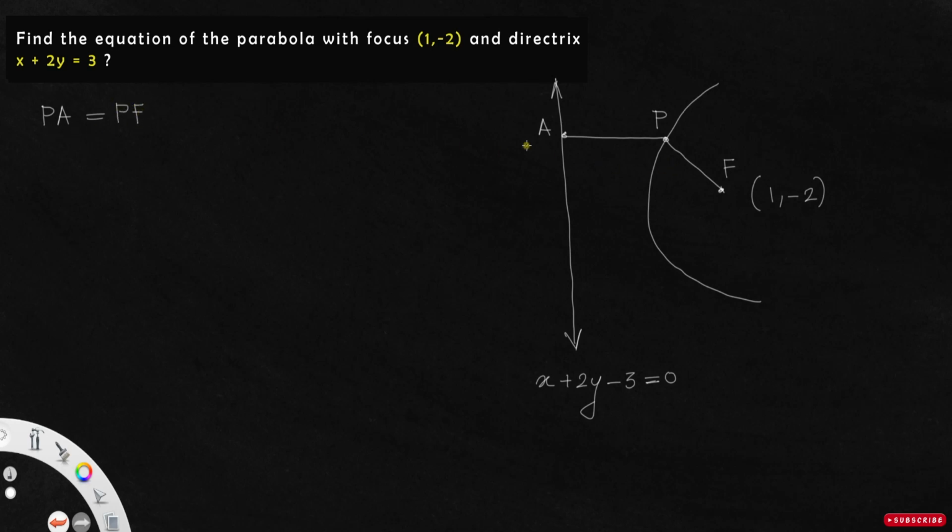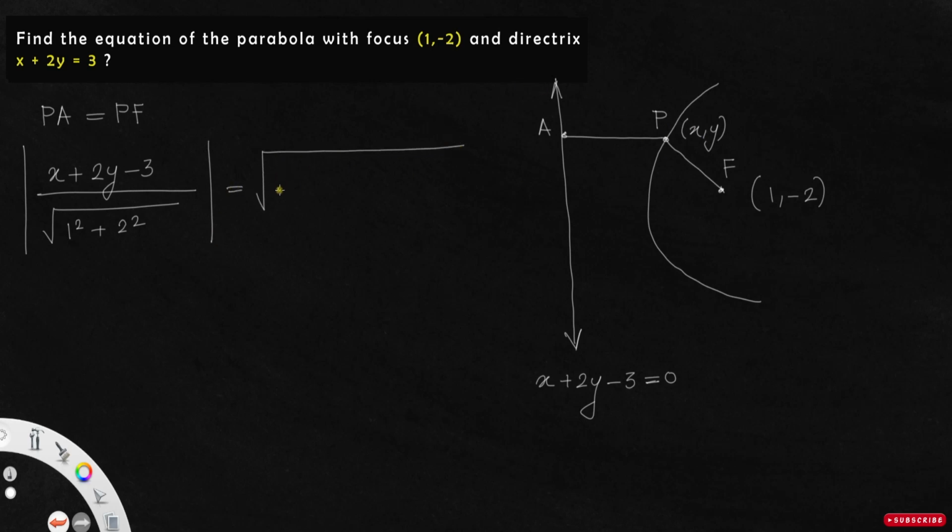So PA is, this point is x comma y, so modulus of x plus 2y minus 3 divided by root of 1 square plus 2 square, the coefficient of x is 1 and the coefficient of y is 2, is equal to root of x minus 1 whole square plus y minus minus 2 whole square.